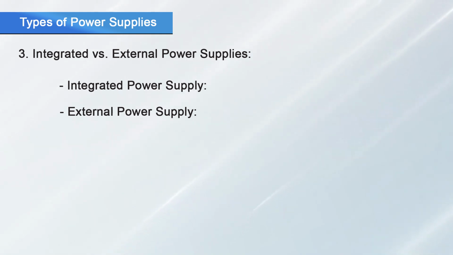Next is the external power supply. For modular or for large PLC systems, an external power supply is often used. This allows the flexibility of selecting a power supply that meets the specific requirements and provides isolation from the PLC internal power needs. Next is the power supply specifications.